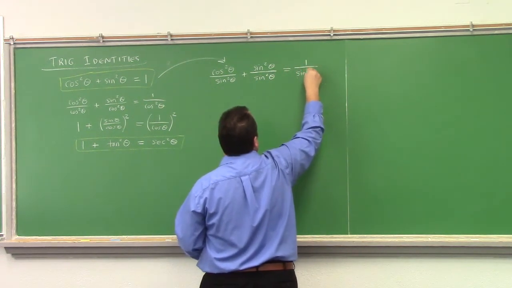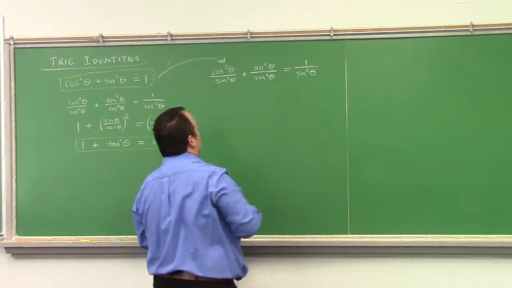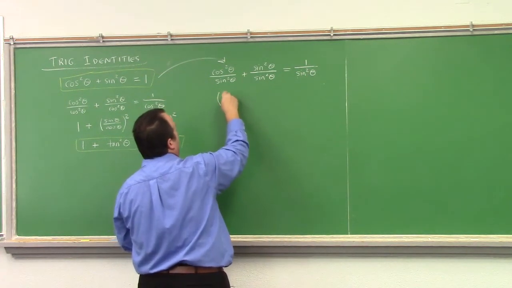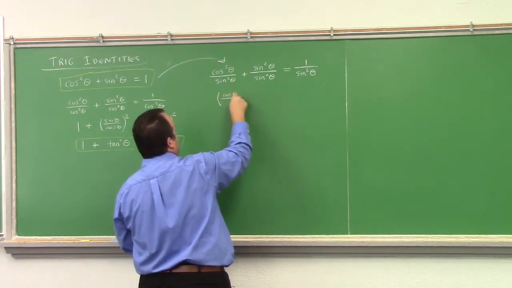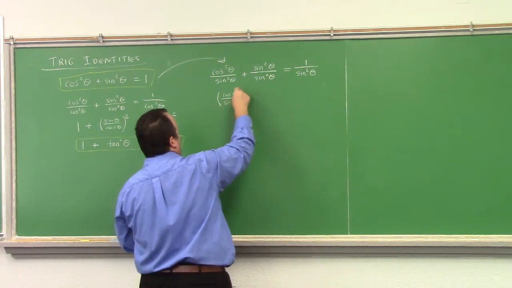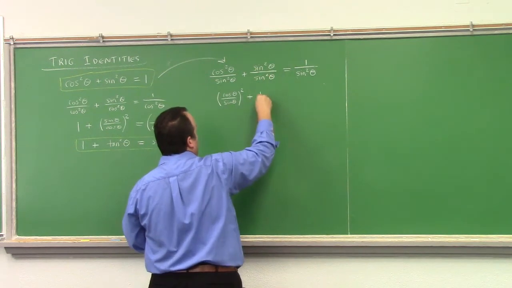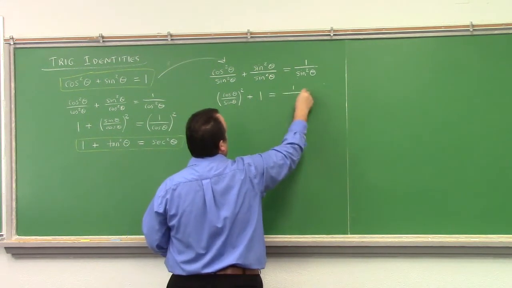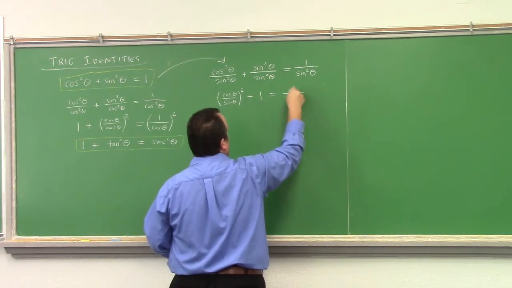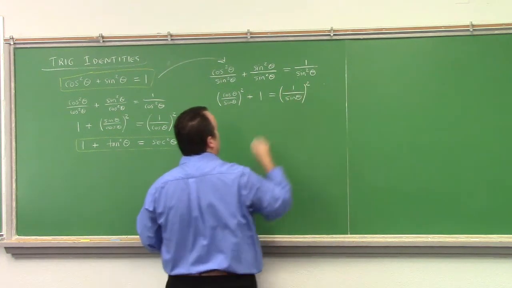Okay, so what are we looking at here? We've got cosine theta over sine theta squared, right? Plus what? Plus 1. 1 over sine theta squared, right?